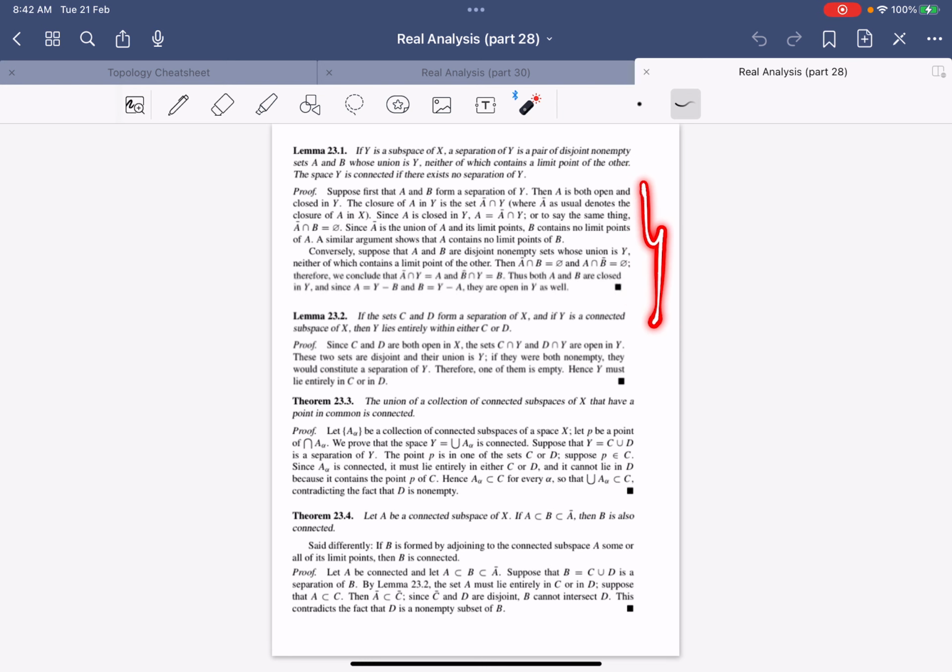Now we shall prove more properties about connected spaces.